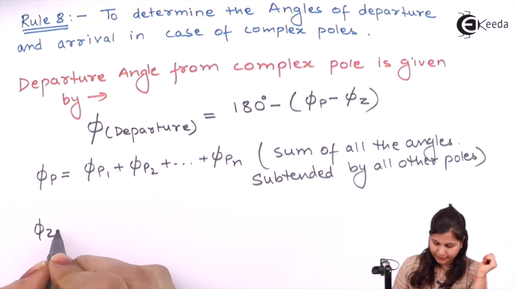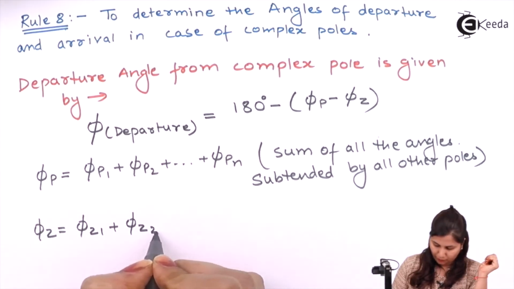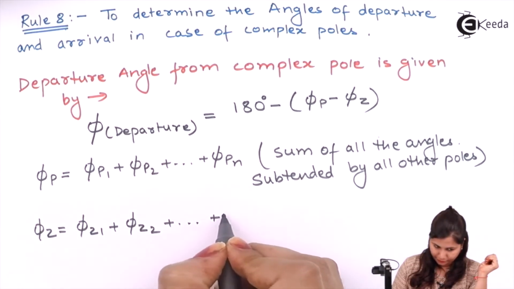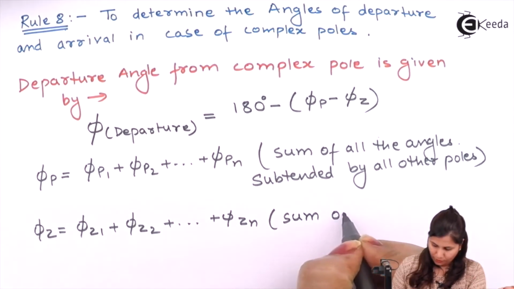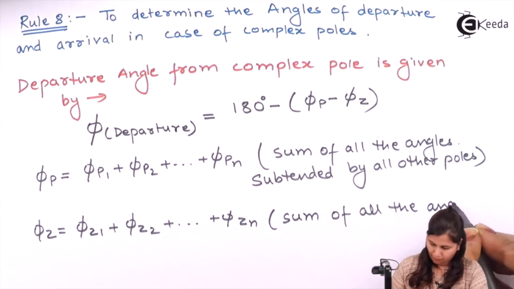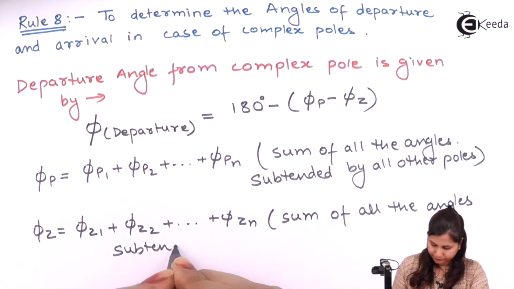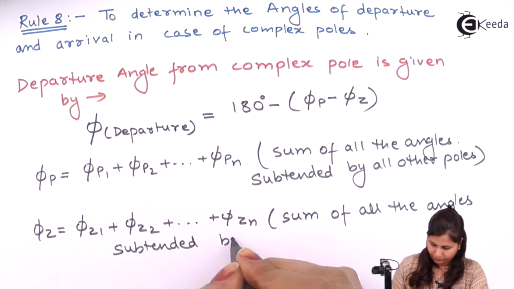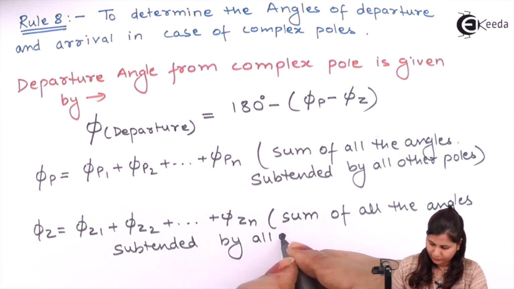and phi z is phi z1 plus phi z2 till phi zn, that is the sum of all the angles subtended by all the zeros.